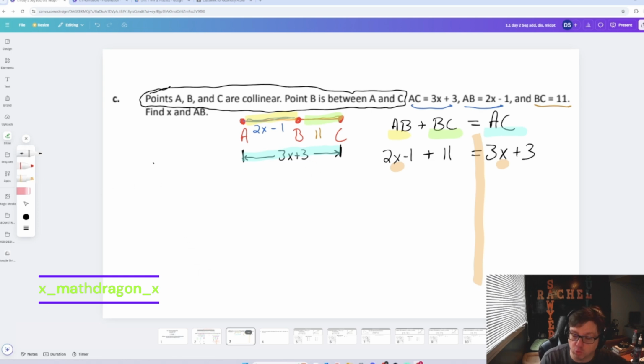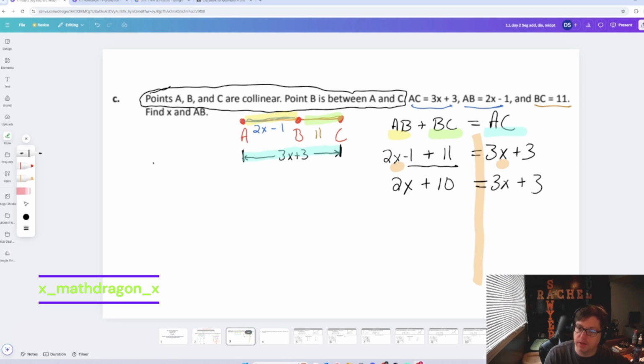And one of those you see in this problem is this 11 minus 1. These are on the same side of the highlight. Everything's on this side. So when I do 11 take away 1, or negative 1 plus 11, that's going to turn into a 10.